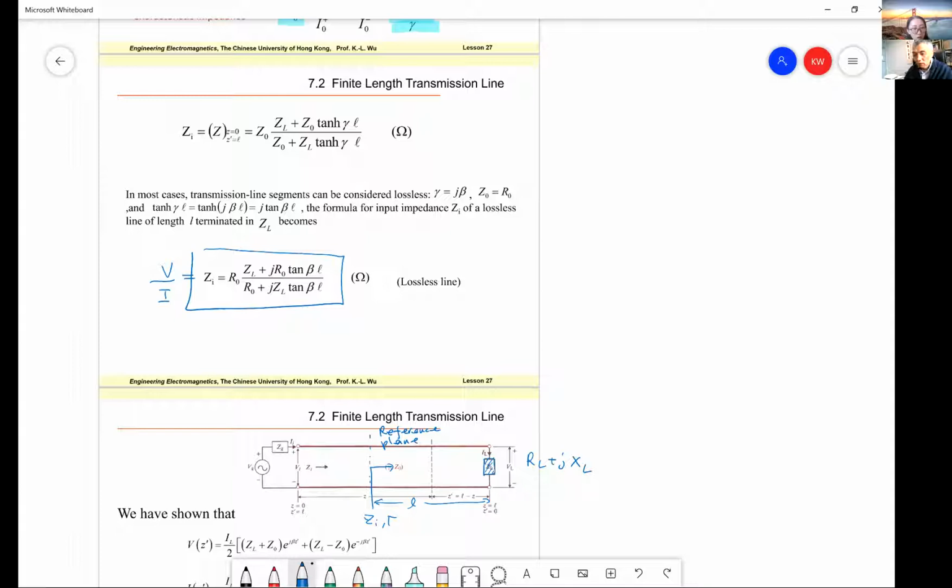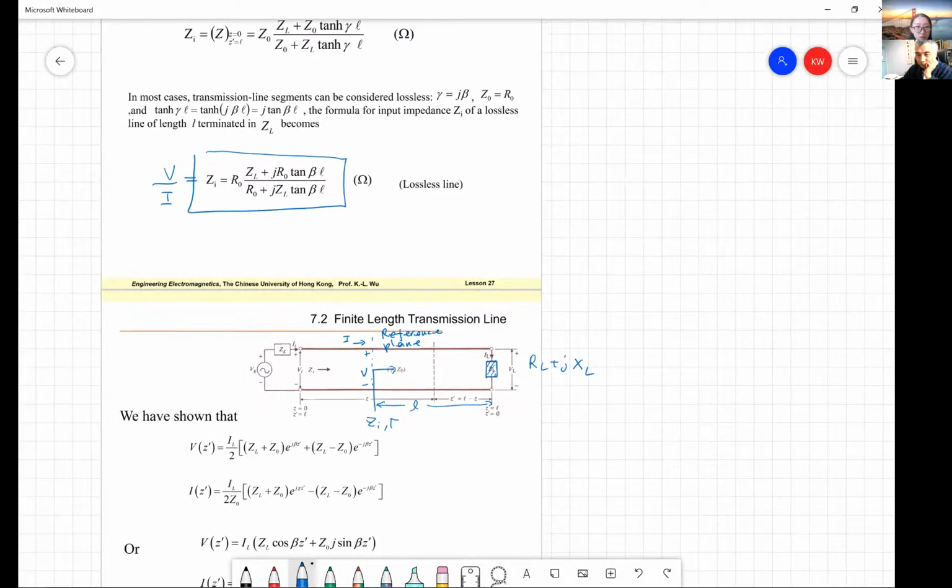The impedance is defined by the total voltage and the total current, the same as our circuit theory: voltage divided by current is impedance. However, for a transmission line, impedance at a different location is different. This is very important.